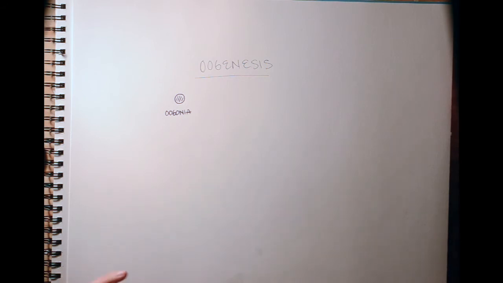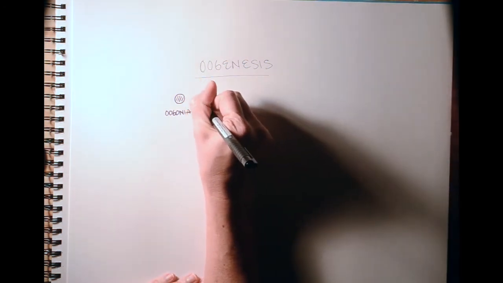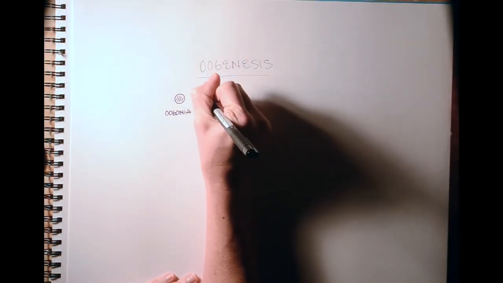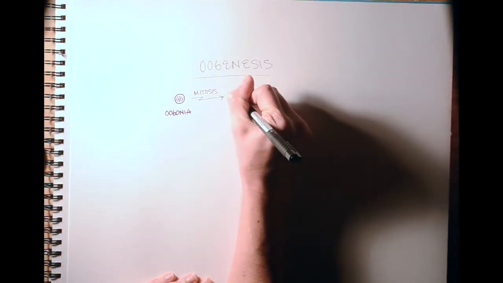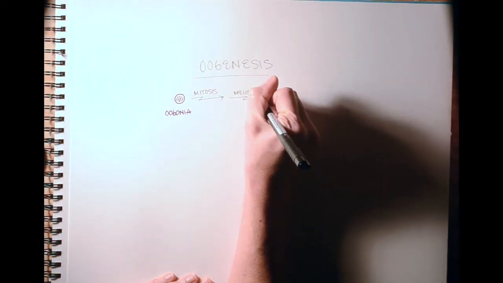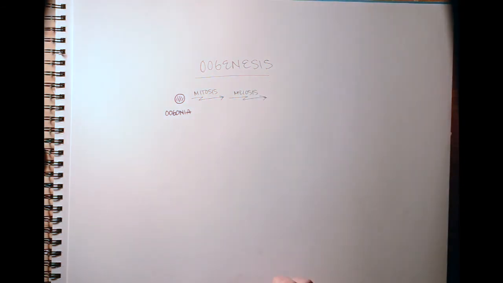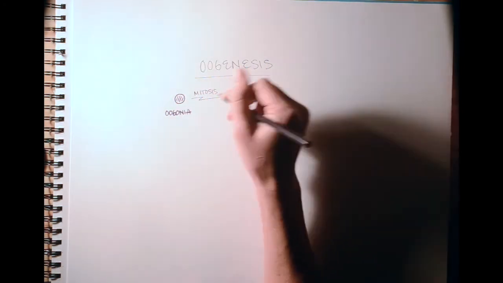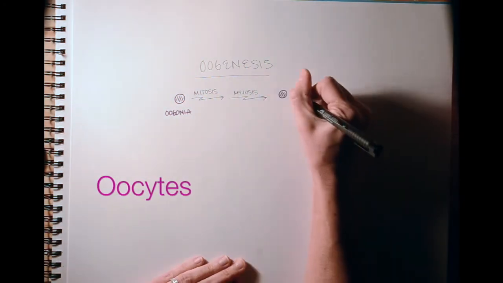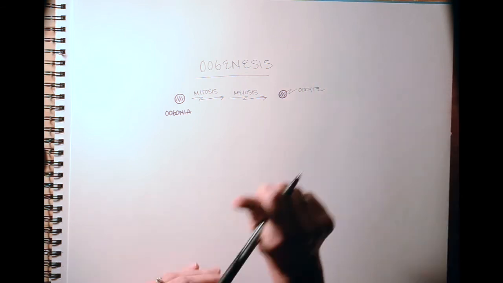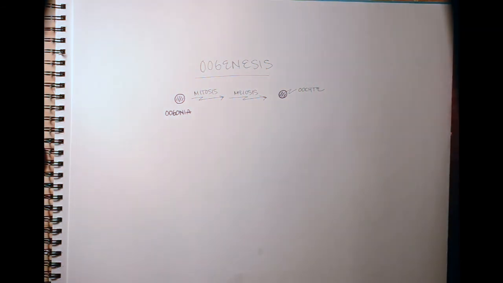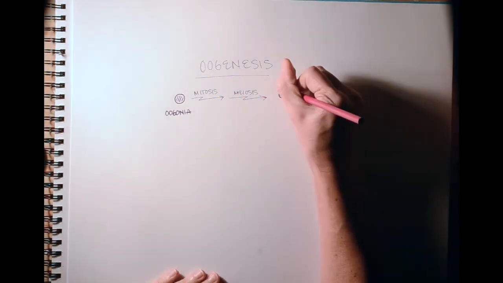And in steps of mitosis and meiosis, again, like we saw in spermatogenesis, we will end up with multiple oocytes, again, sort of synonymous with the spermatocyte that we saw in males.